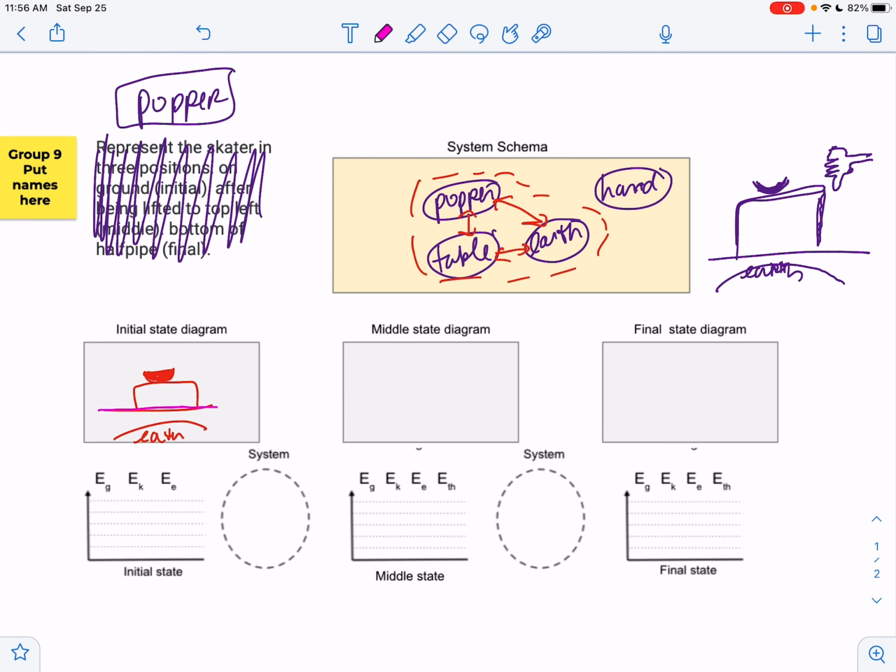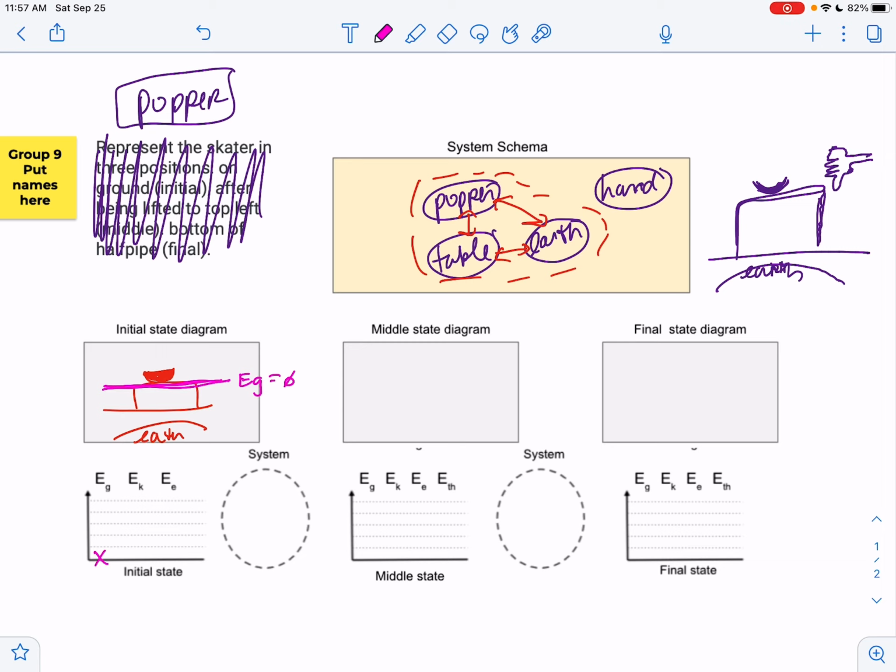So if I want to make the actual EG equals 0 level at the floor, I can do that, but it's usually easier to make it at the lowest position it will be. So I'm going to call this level my EG equals 0. Arbitrarily, I'm going to choose that to mean a 0 separation from the earth, because you can pick that wherever you want that to be.